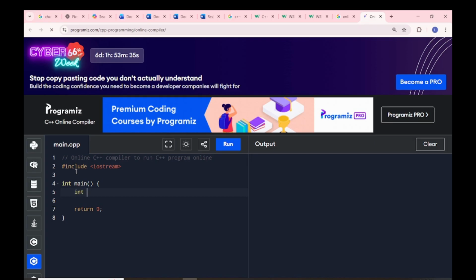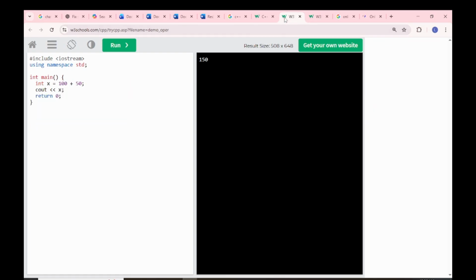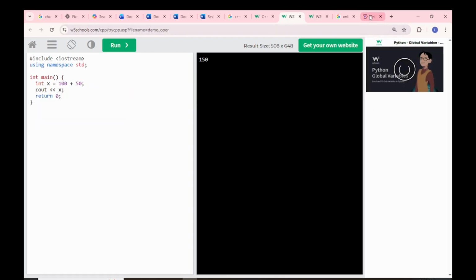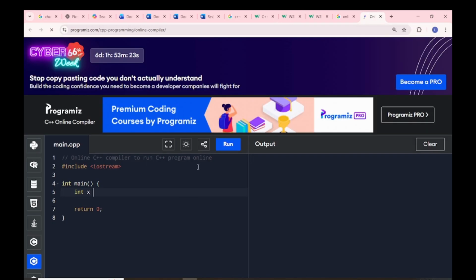Here we will write integer x equals 100 plus 50, cout x.